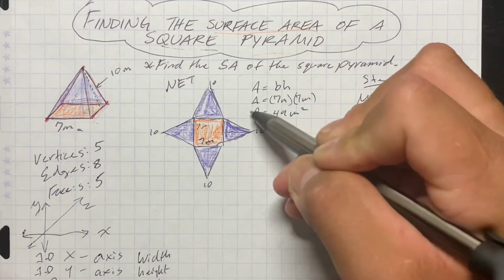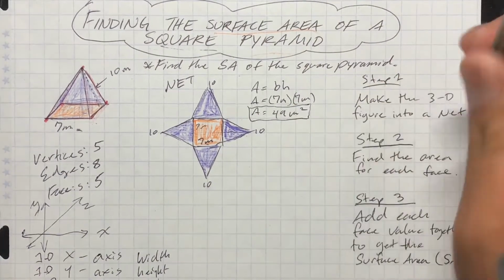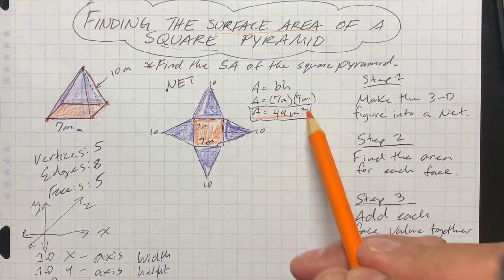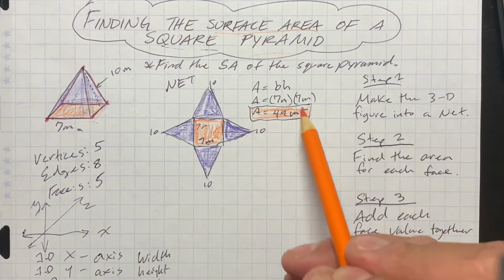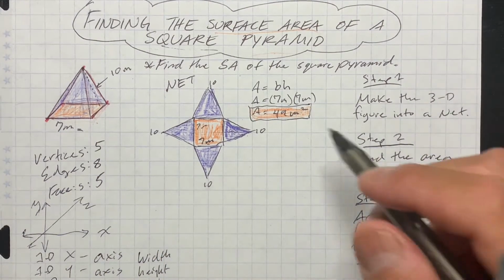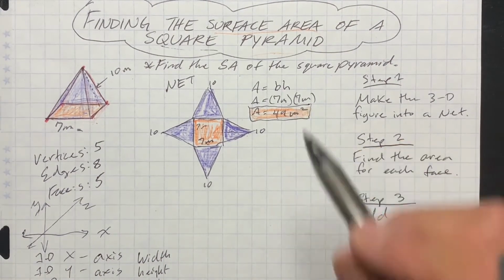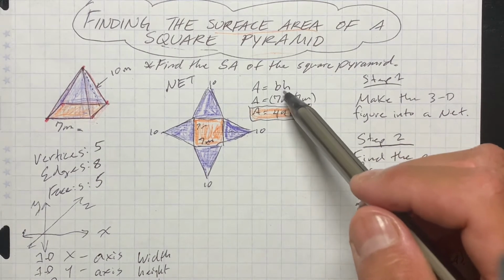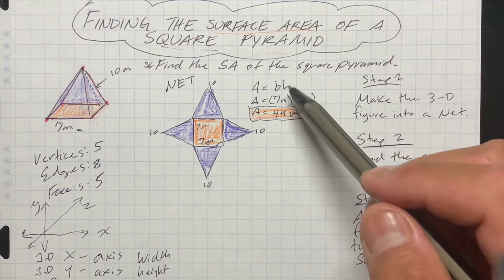So the area for the orange base is going to be 49 meters squared. We square it because we multiplied those two dimensions. One dimension is the base, which is the width, and of course the other dimension is the height.